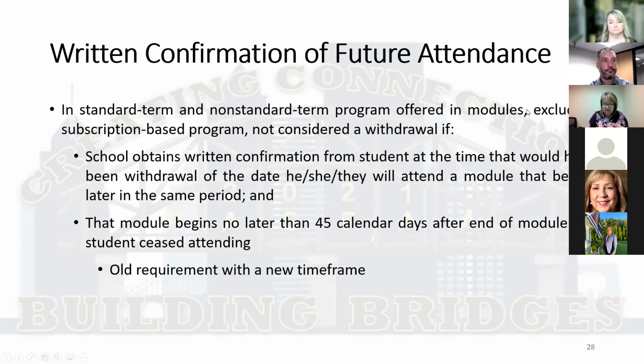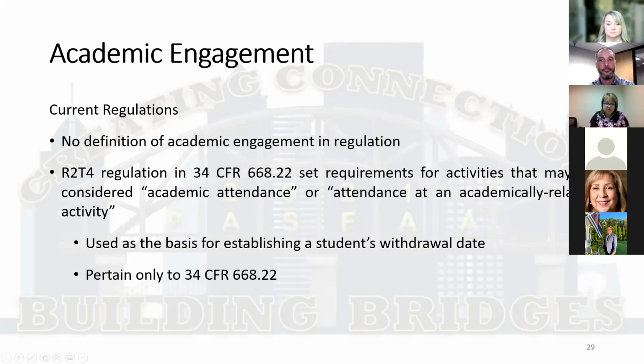And this is an old requirement with a new time frame. So I hope that answers your question. If not, reach out to us and we'll try to get you more guidance on that.